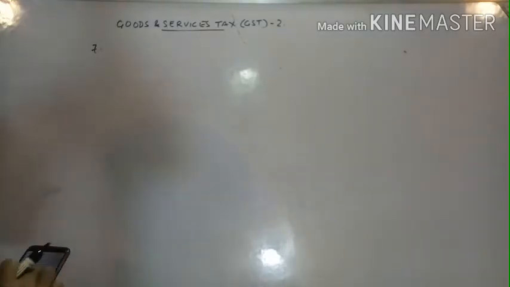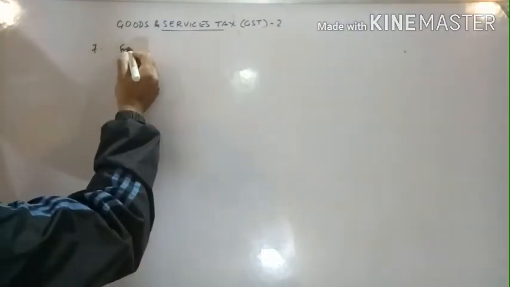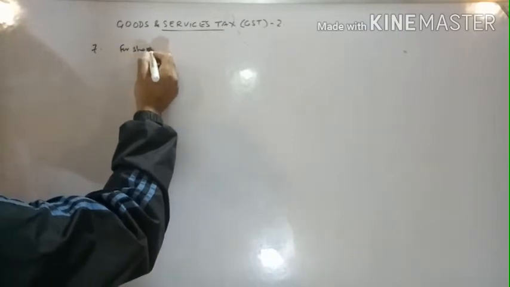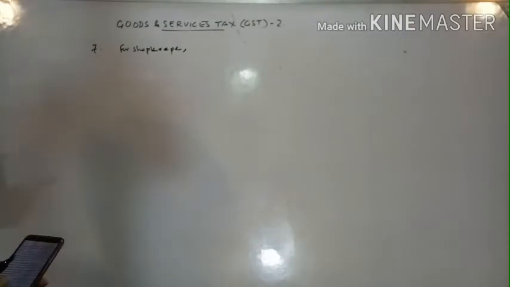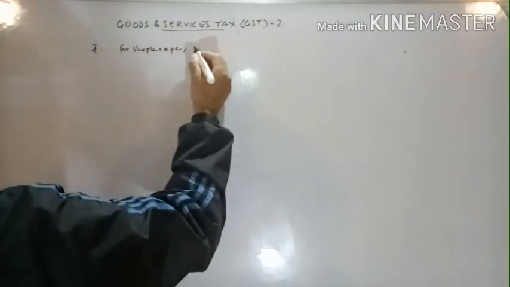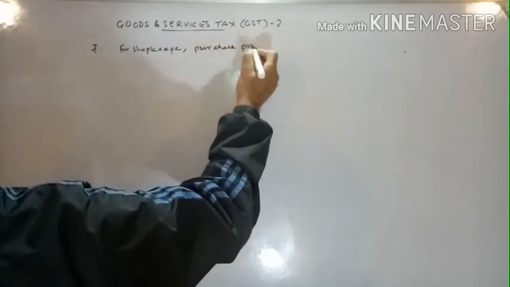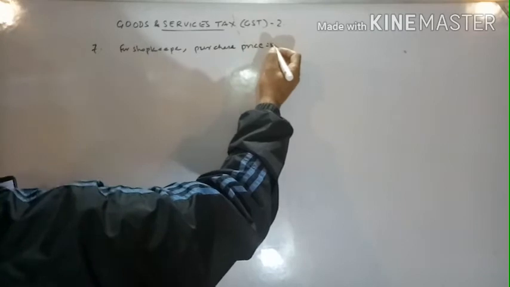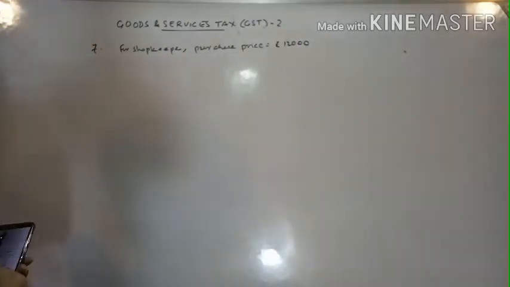So here now only the shopkeeper. Okay, shopkeeper buys an article from the manufacturer for rupees 12,000. So purchase price equal to rupees 12,000. Okay, at this price he purchases.